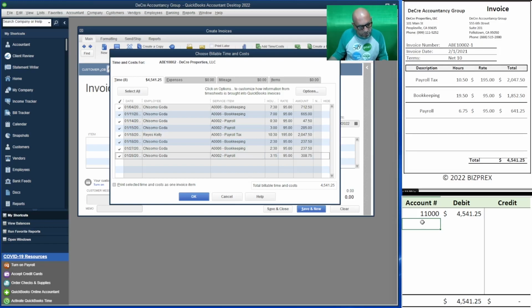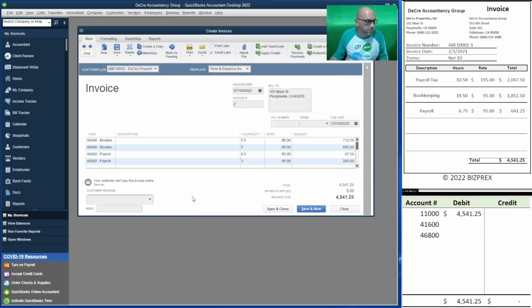Our bookkeeping services income is 41600, and our payroll services is 46800. We'll look it up in a second, but we know that these are the revenue accounts and they will go up. So, okay, let's go ahead and click OK.